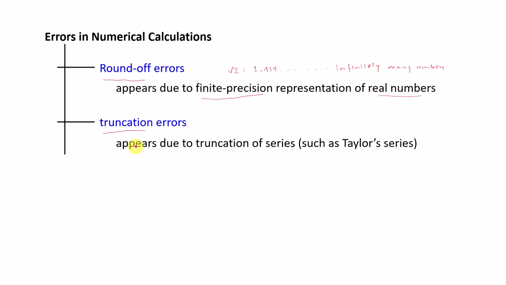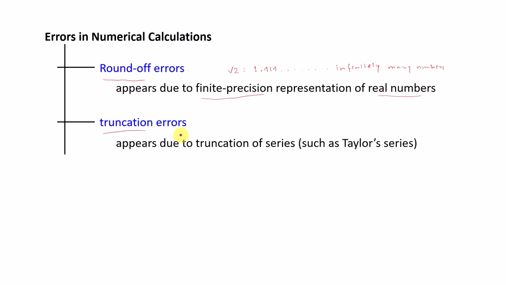Please understand that when we talk about these errors, we are not talking about human errors, that I made a mistake in programming or I made a mistake in calculation. We are not talking about that kind of errors.